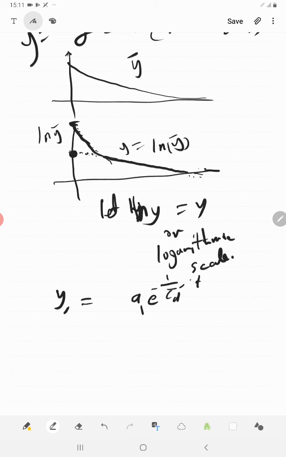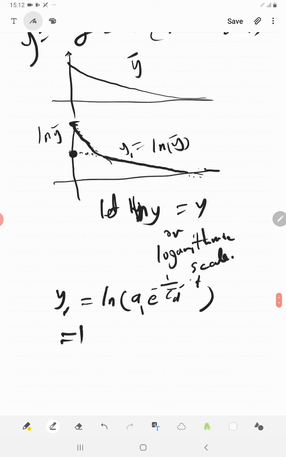But we have taken the natural log of that, and this is ln this. Now this is y, let's name it y1, for example.